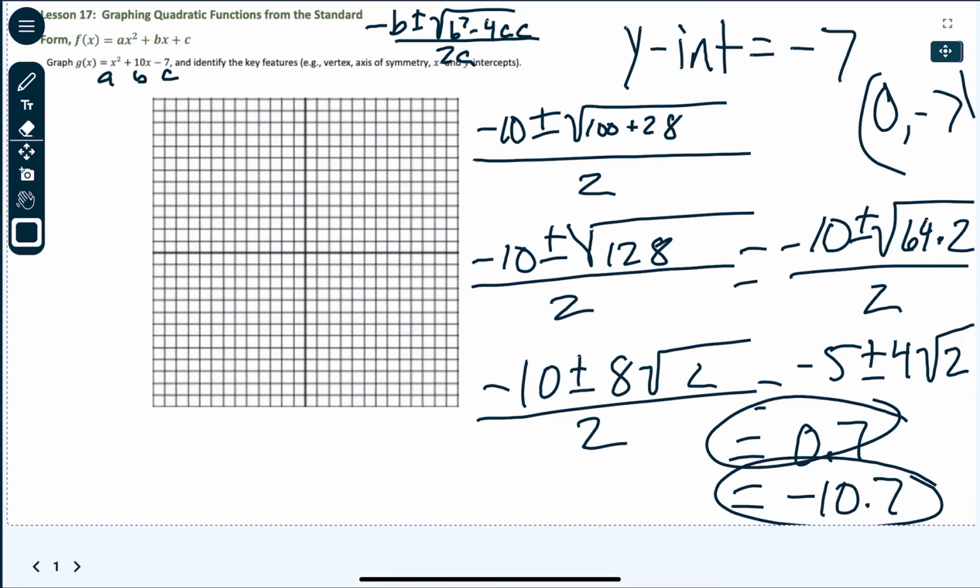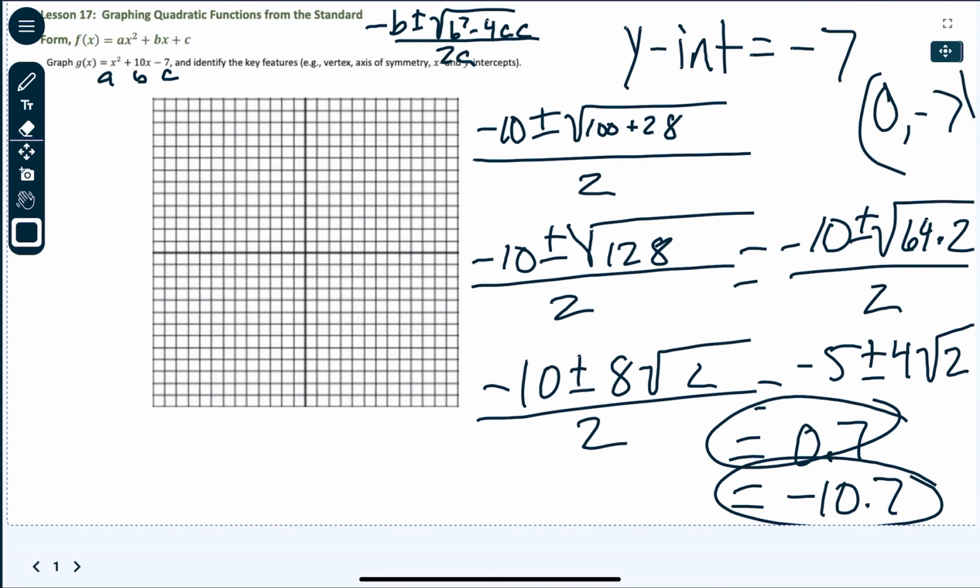Which way? What is the end behavior? Yeah. Up. It's positive, so it's opening up, right? If it was negative, it'd be opening down. Everybody got that? Positive, opening up. Negative, opening down. Parabola. Okay?